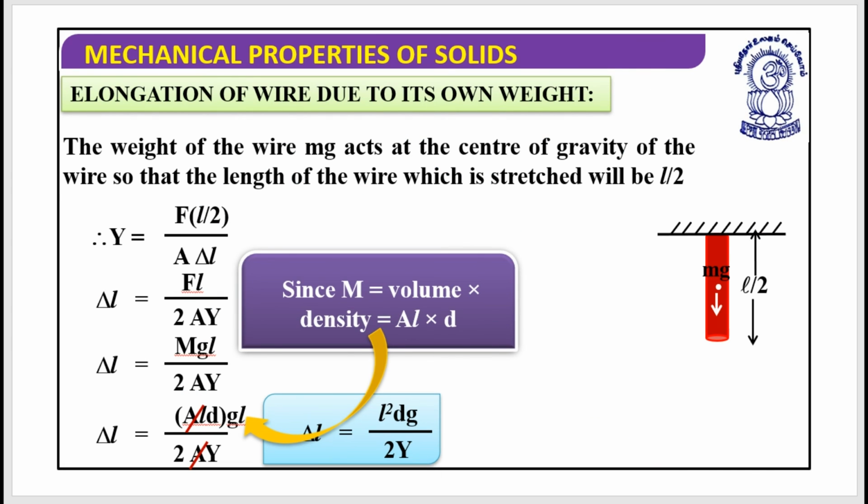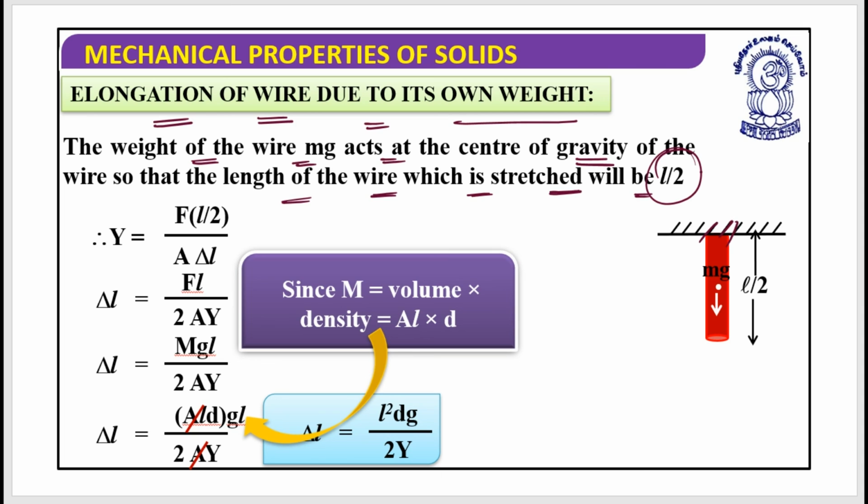Let's look at this. It is the elongation of a wire due to its own weight. Let's suppose, understand that the weight of the wire mg acts at the center of gravity of the wire, so the length of the wire which is stretched would be L by 2.